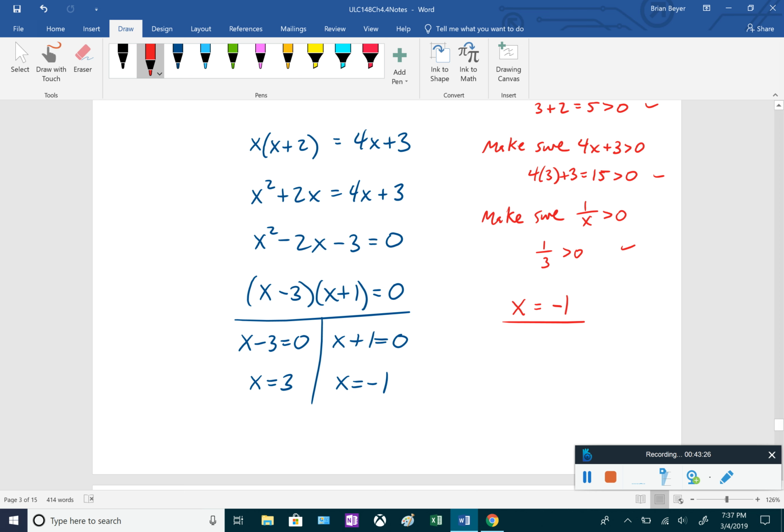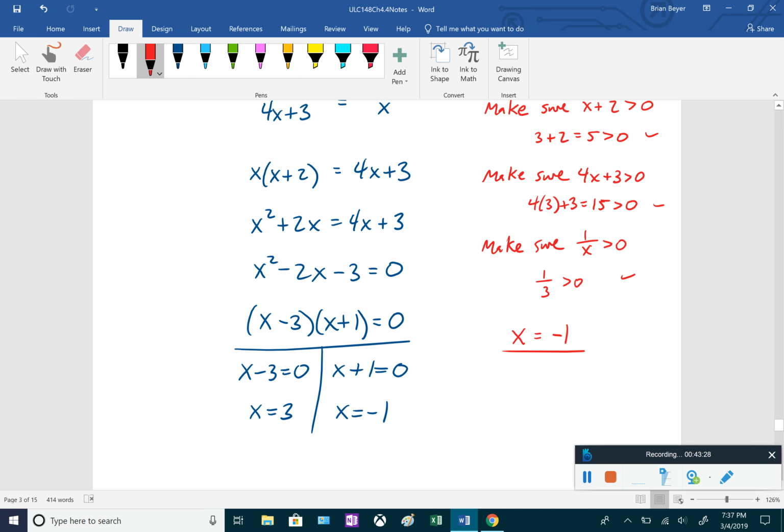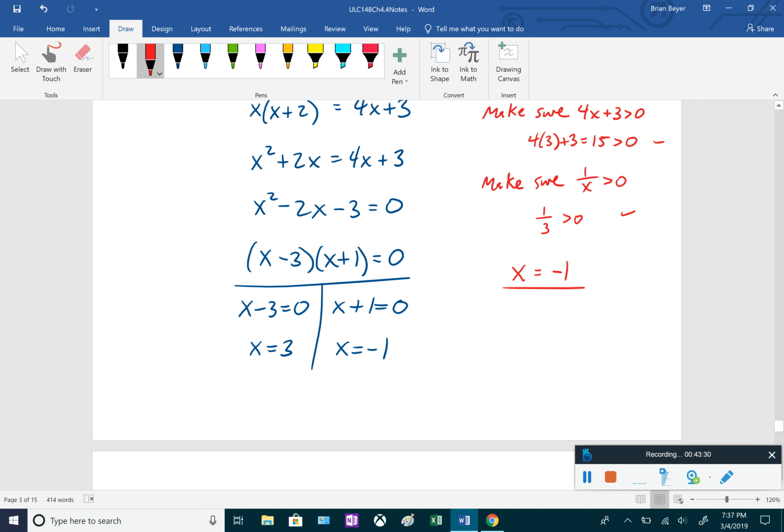So when we plug in x equals negative 1, we make sure that the first one is positive. So we make sure x plus 2 is positive, which it is. It's negative 1 plus 2, which is 1, which is positive. So that one's good.